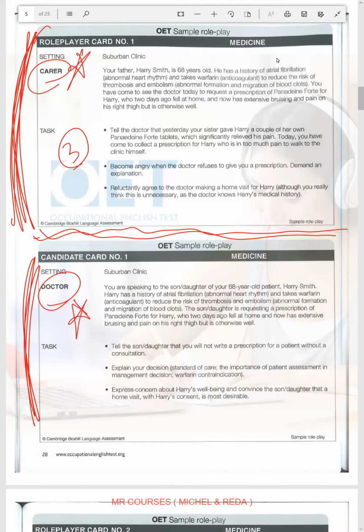You will not take both of them. This will be cut in the exam. But in the exam, we have to play the doctor role, right? Sure, because this is Occupational English Test medicine, not patient. Okay, now the 3 minutes have started.